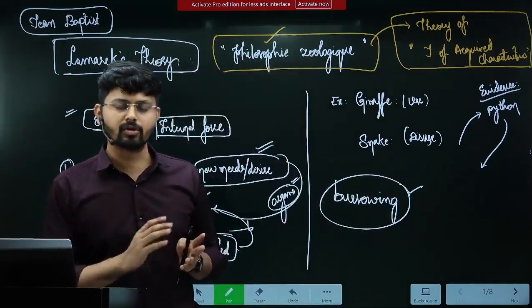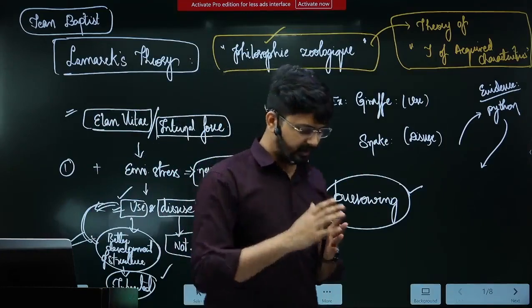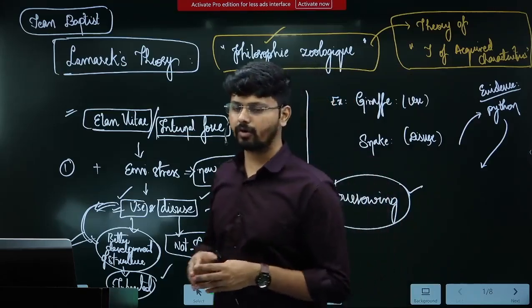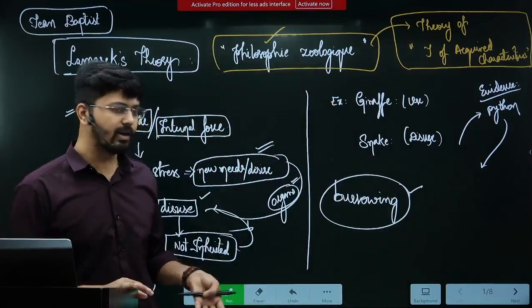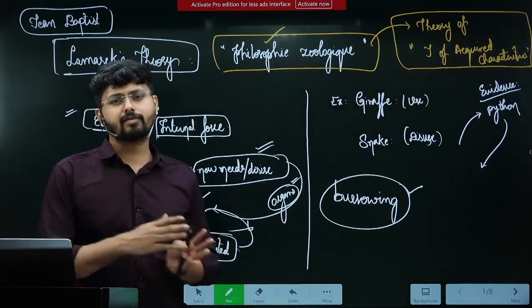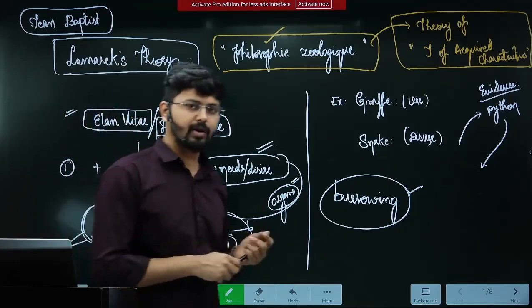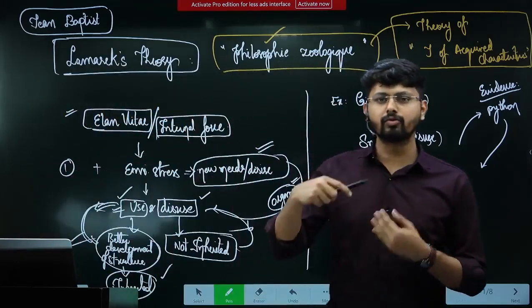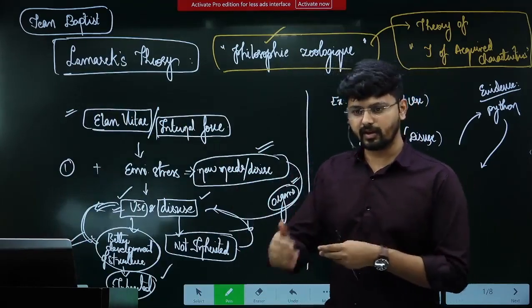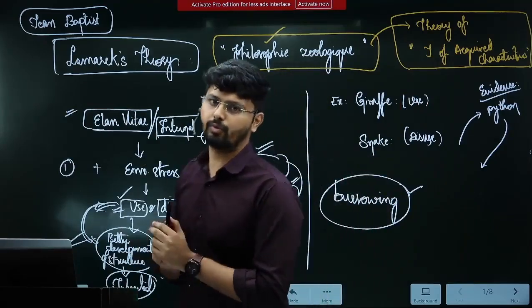Because of that, there is an increase in the size of the neck, and at the same time the size of the front limbs, or front part of the limbs. So because of that, it gave rise to a new species. Over generations, when they used their neck very much, their size increased, and this increased size is inherited, and it gives rise to a new species.